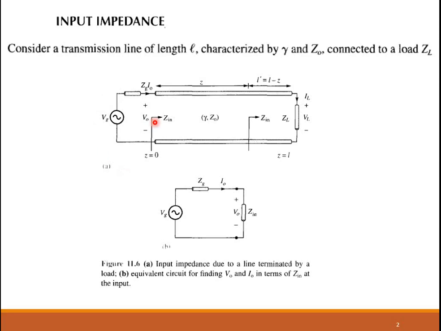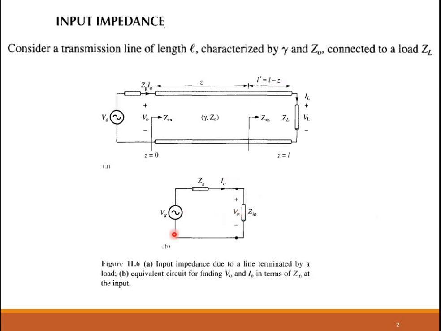This is the generation side. VG is your generating voltage, ZG is the generator impedance, this side ZL is the load impedance, and this is the expression that we are going to derive now, Zin, the input impedance.